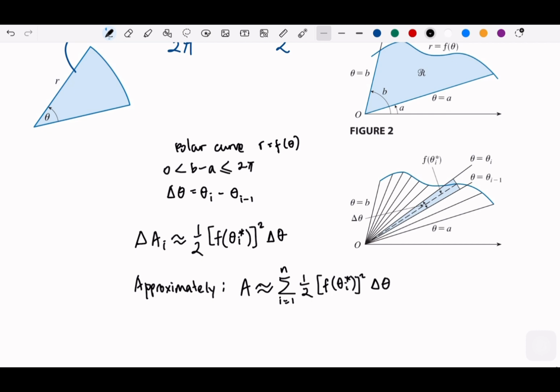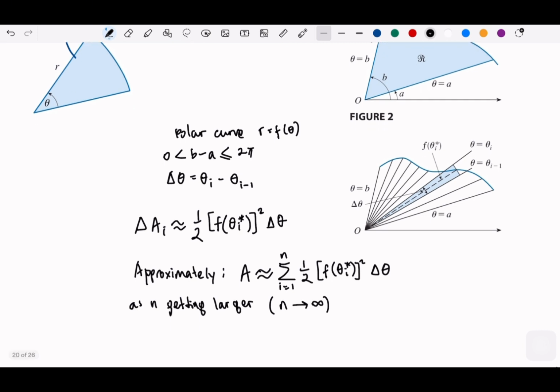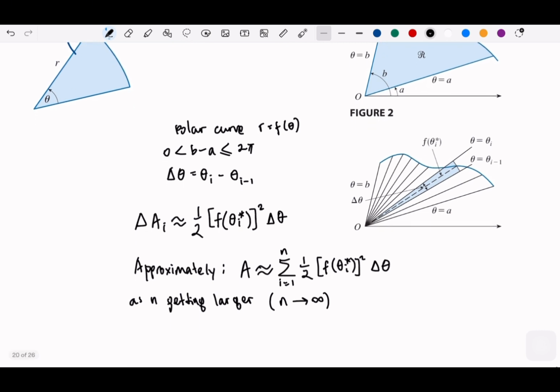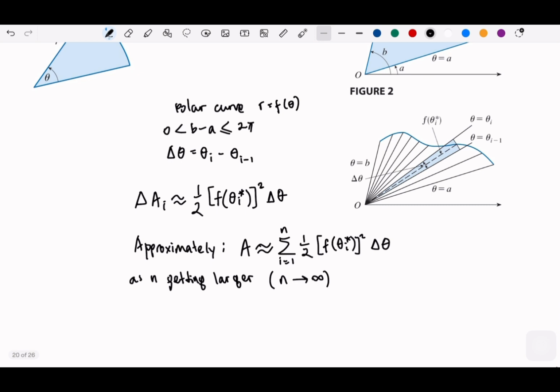And then if we imagine n could be larger and larger, so we cut everything in the area really small, it means that as n gets larger, or n goes to infinity, then let me write here, we apply the limit.